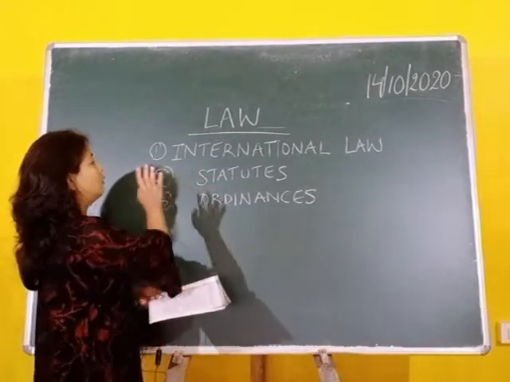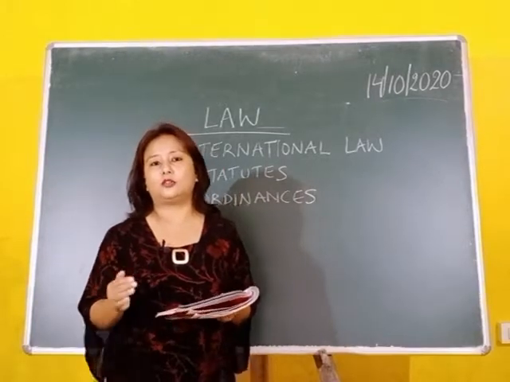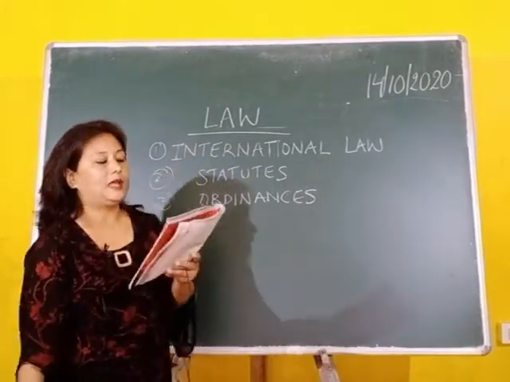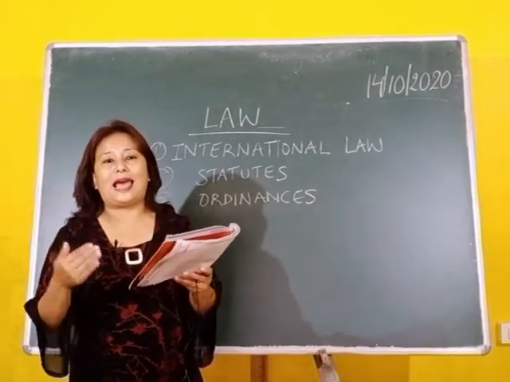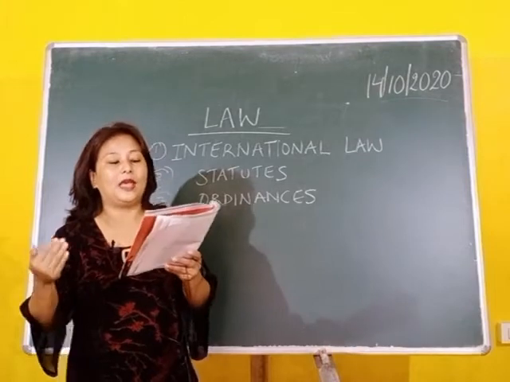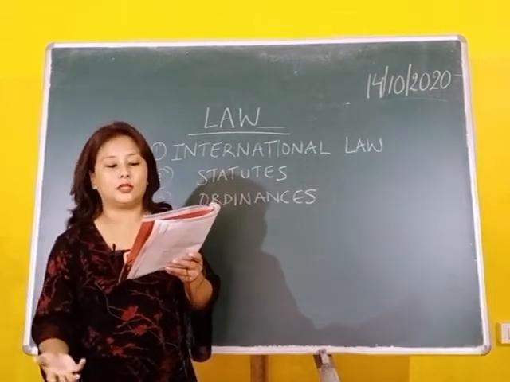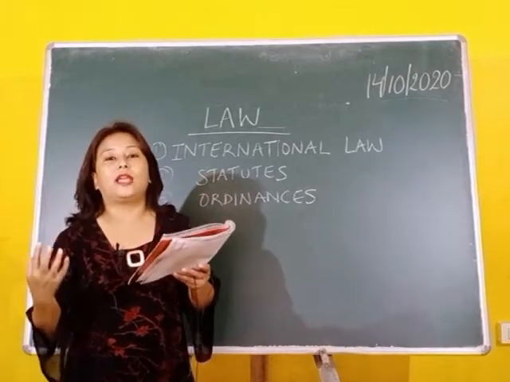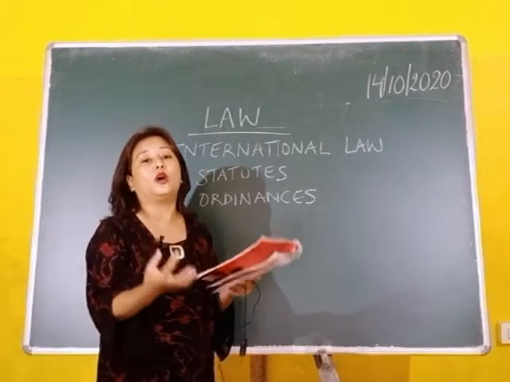So the first law here is international law. Not exactly first, but the 4th law. Now, what are international laws? As per this text, international laws are ordinarily laws which determine the relationship amongst the different groups of states.